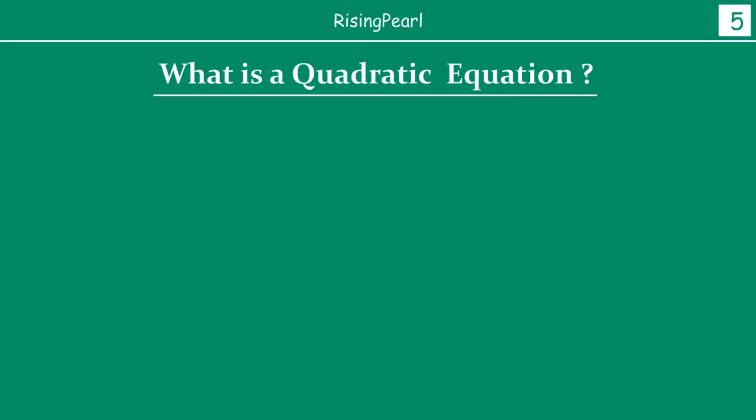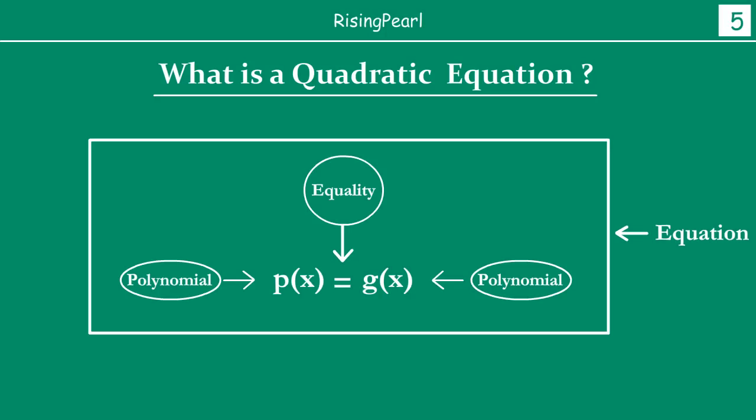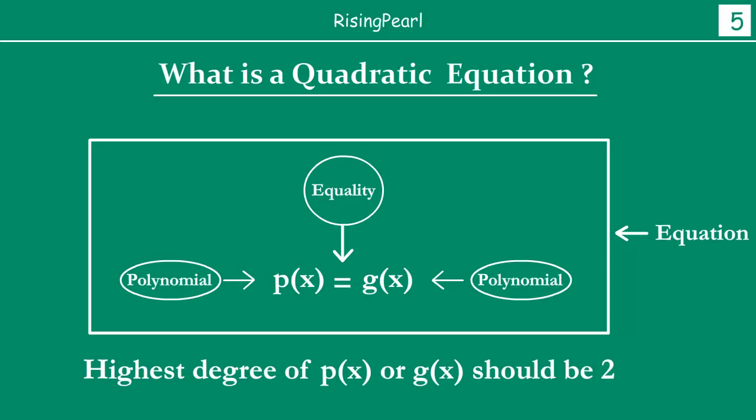So the quadratic equation, which is the topic of this series, what is a quadratic equation? It is exactly the same as any other equation, with the exception that the highest degree to which px or gx is raised must be 2.